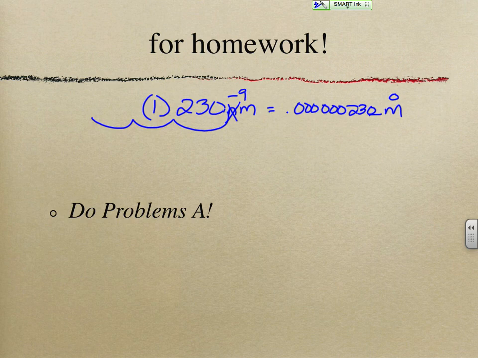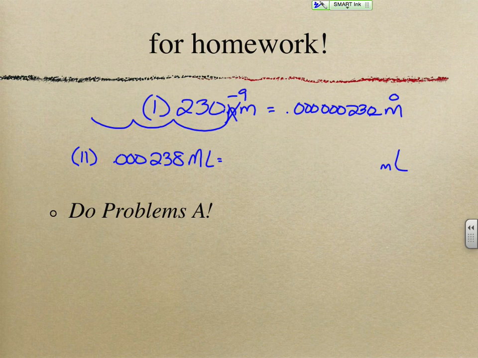Now the second part. If we jump down to 11, that's the second part. In the second part, we're not going to the base unit. We're going to whatever I asked you to go into. In this case, we have 0.000238 megaliters, and we're switching to milliliters.